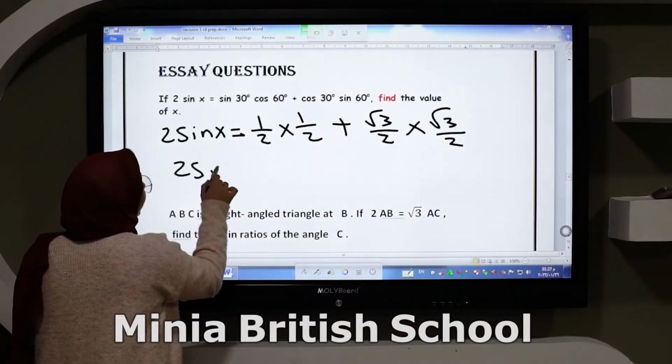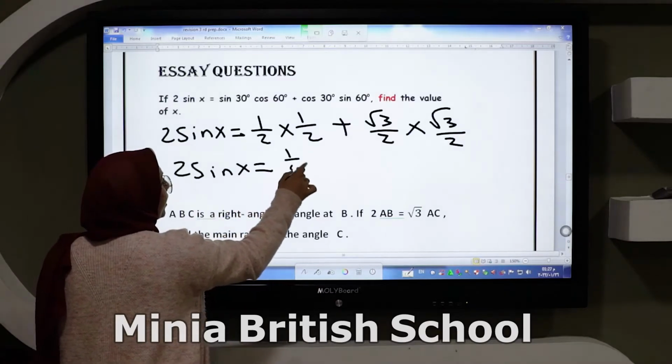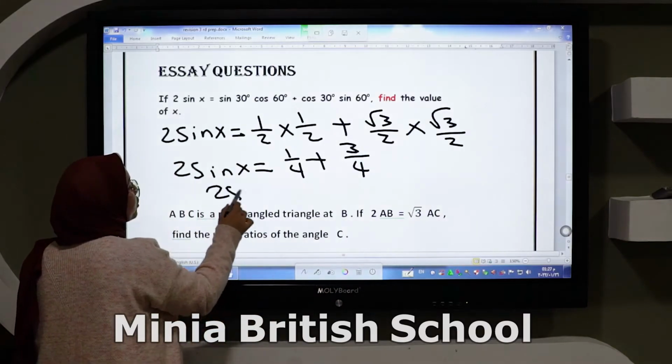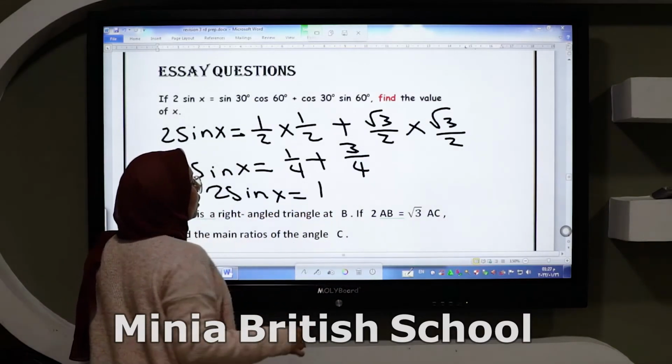So 2 sine x equals a quarter plus what? Plus 3 over 4.